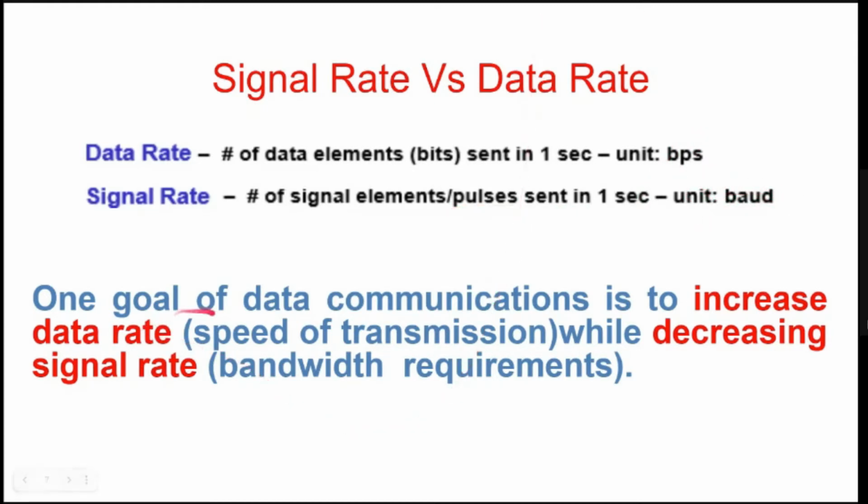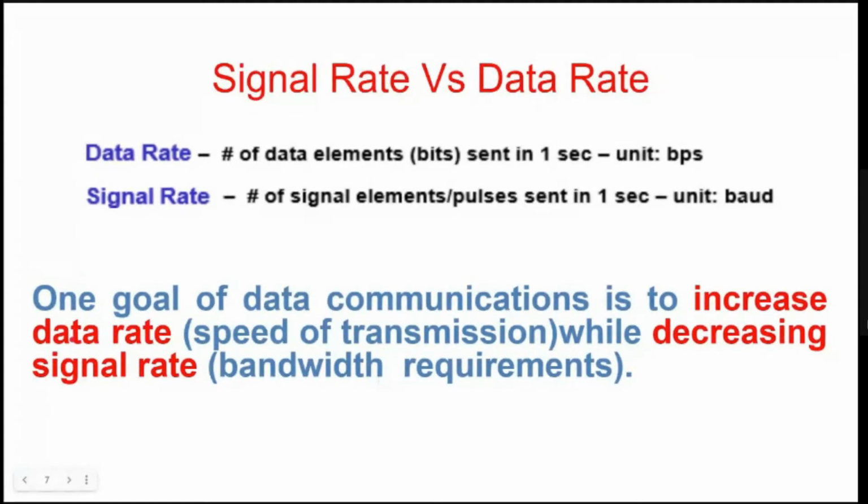So one goal of data communication is to increase the data rate, the speed of the transmission, and decrease the signal rate, the bandwidth requirements. When you increase the data rate, the speed of the transmission will be increased.